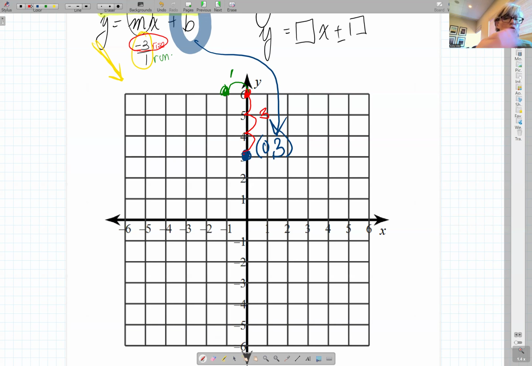Or I could drop 3 and run 1 this way. But either way, my line must tilt downward from left to right. So that is how we're graphing this line. Please label your lines. This is y equals -3 over 1 x plus 3.